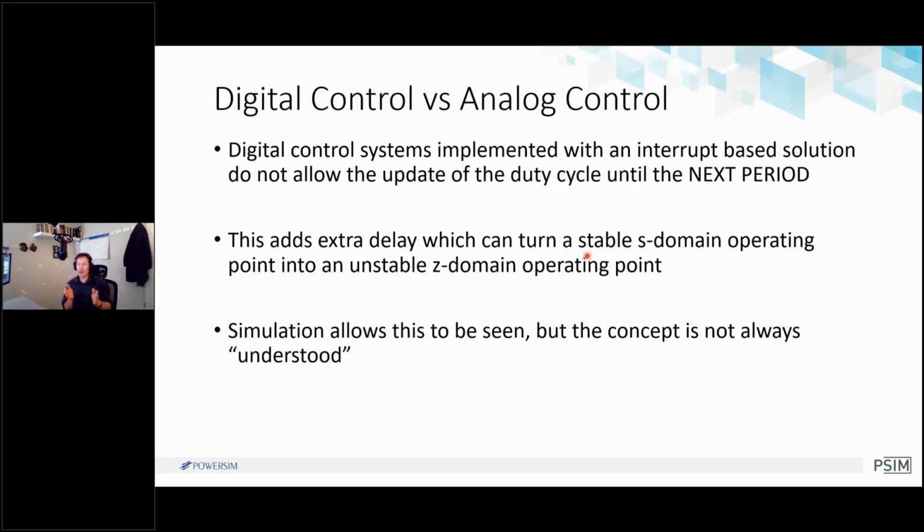As opposed to an analog processor, which is kind of instantaneous: you've calculated your new duty cycle and it's used right away. With digital control, that register needs to update at the beginning of the next period. That concept is sometimes lost on a few people because this is adding an extra delay into the system.